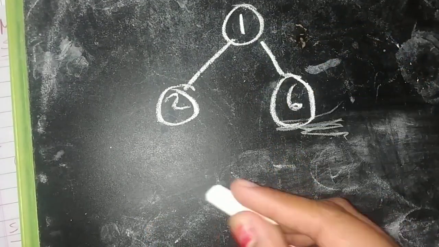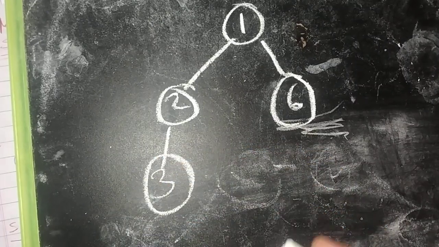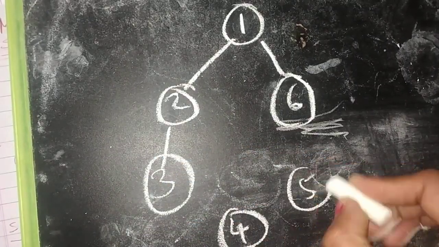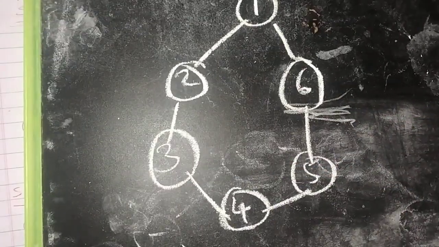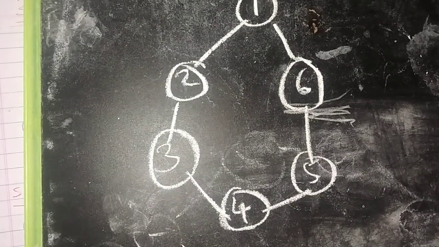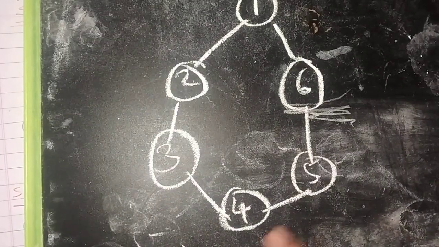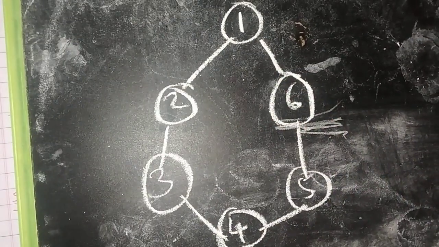For visual representation, I am drawing it again. I think now it is visible, right? So a spanning tree is a subgraph of how many vertices? 1, 2, 3, 4, 5, 6. So the spanning tree is it.